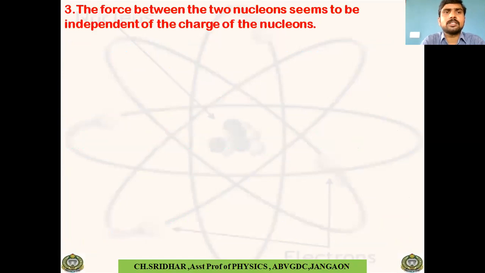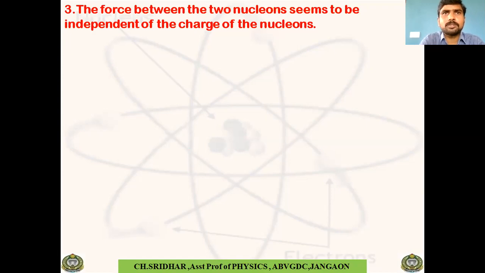And the third one is that the force between the two nucleons seems to be independent of charge. As we already know, the nucleus consists of protons and neutrons, where protons are positively charged and neutrons are neutral, chargeless particles. Though they are chargeless, the same kind of force exists between all the nucleons.